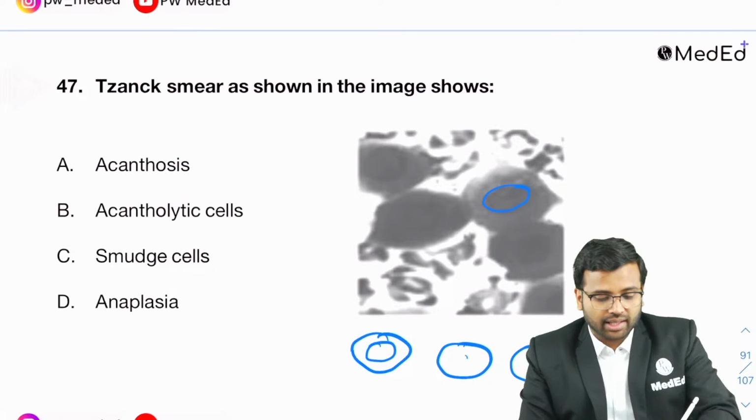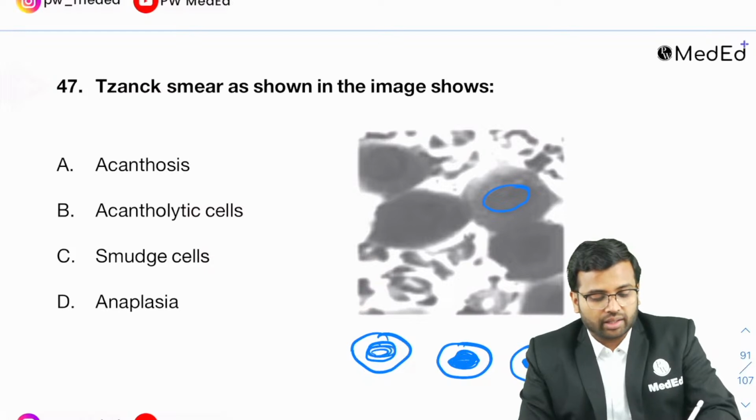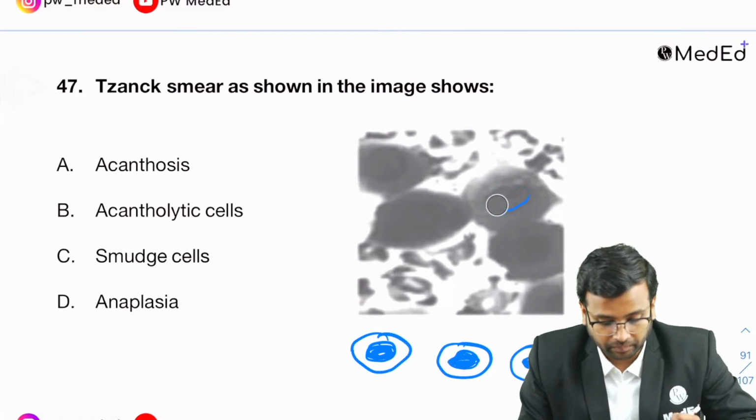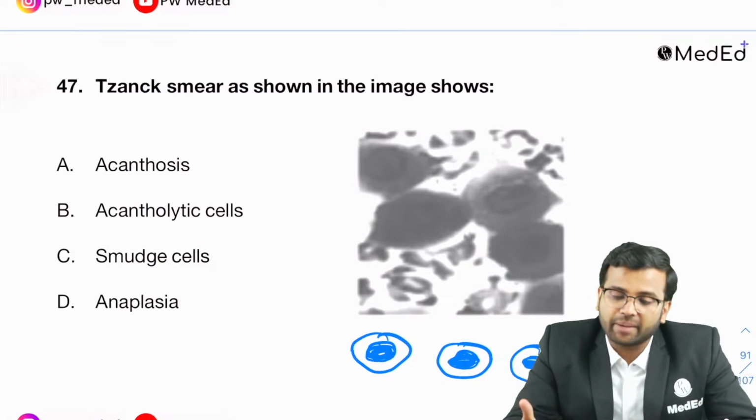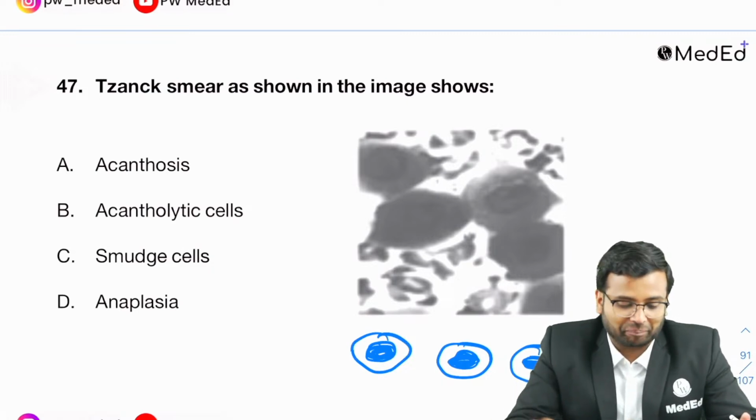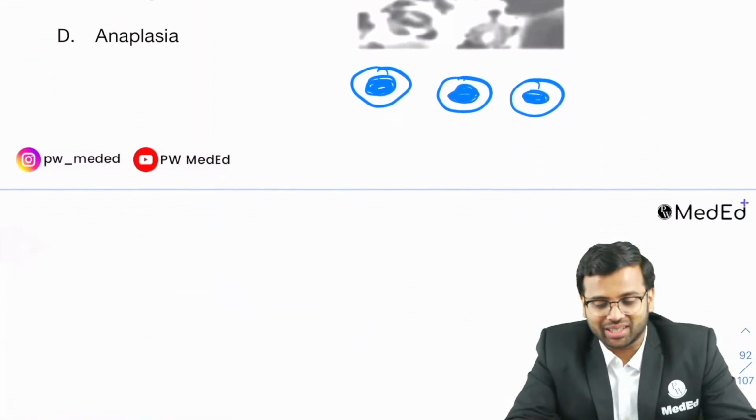So rounded cells with large nucleus, what do you call these kind of cells under a Sang smear? Any answer? So some of you are answering it as C, some of you are answering it as B. Okay, so now let's see what is the right answer.